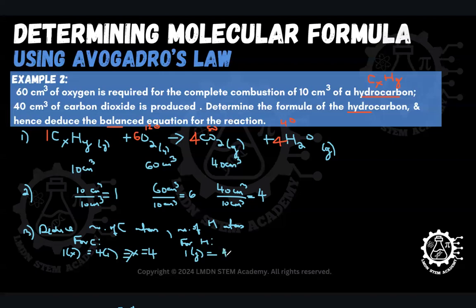So we do 4 times 2, and from that we find out that Y is equal to 8. So now we know what X is and what Y is. If we were to write our CxHy, we will see that that is now C4H8.